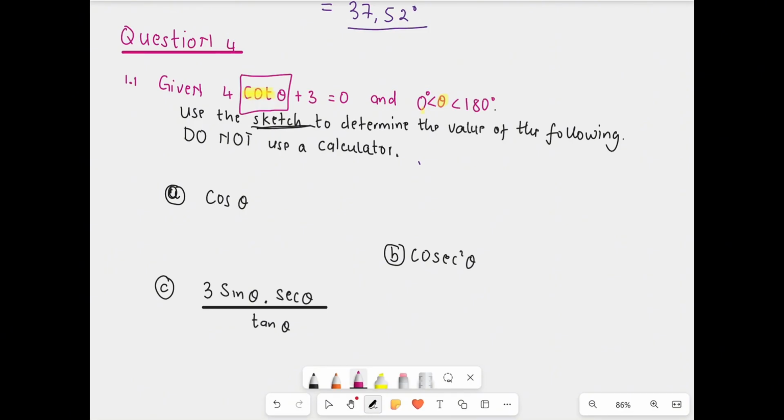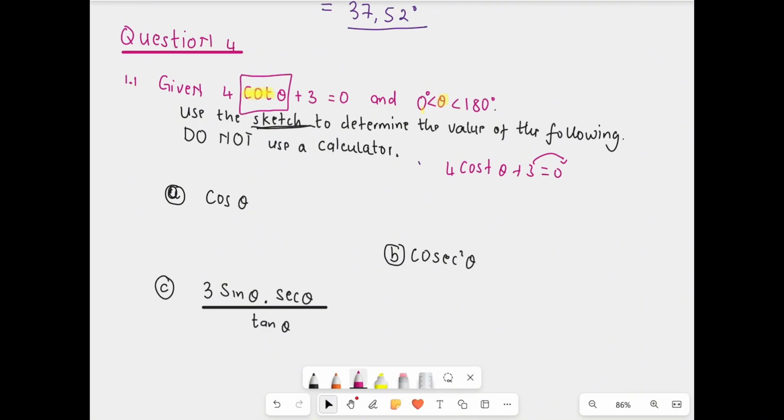So here we are going to have 4 cot of angle theta plus 3 is equal to 0. We are going to transpose 3 and then divide by 4.